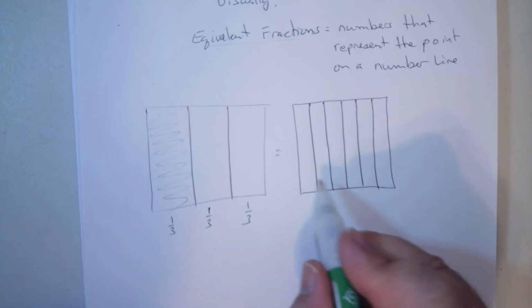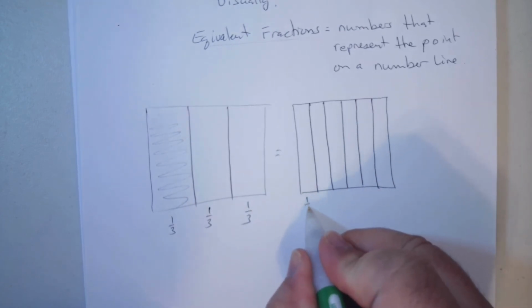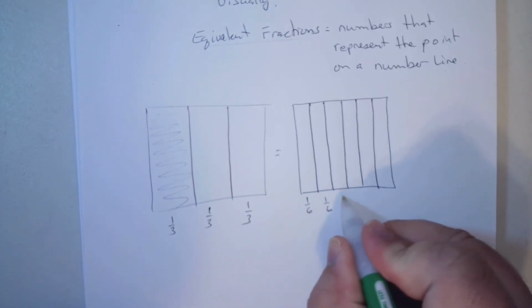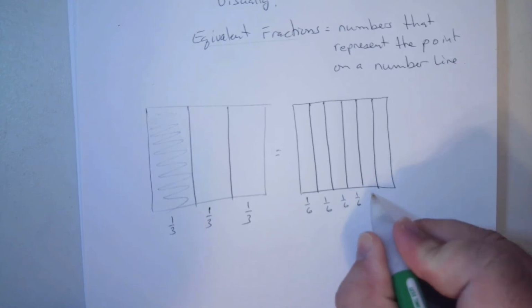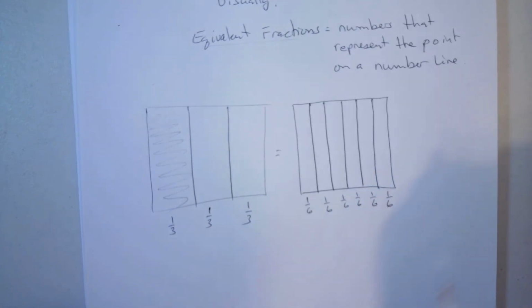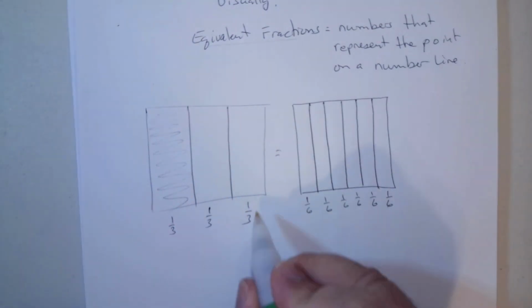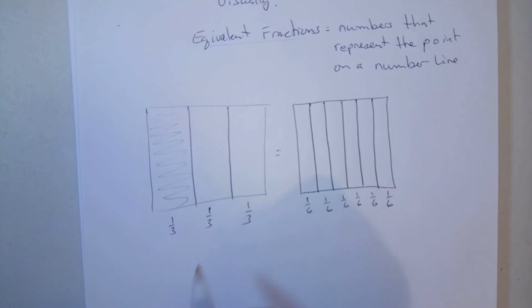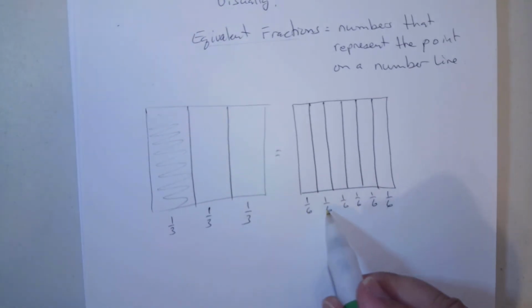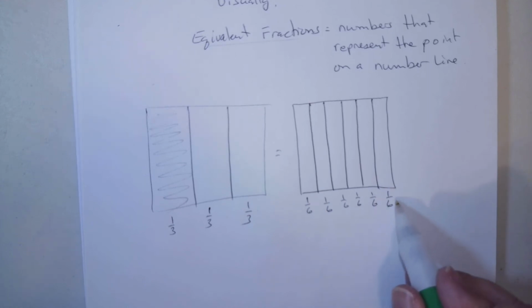Now we used to have 3, now we have 6. Each one of these represents 1/6. One third plus 1/3 plus 1/3 equals 3 over 3, which is 1. 1 over 6 plus 1 over 6, and so on: 1, 2, 3, 4, 5, 6. 6 over 6 is 1.